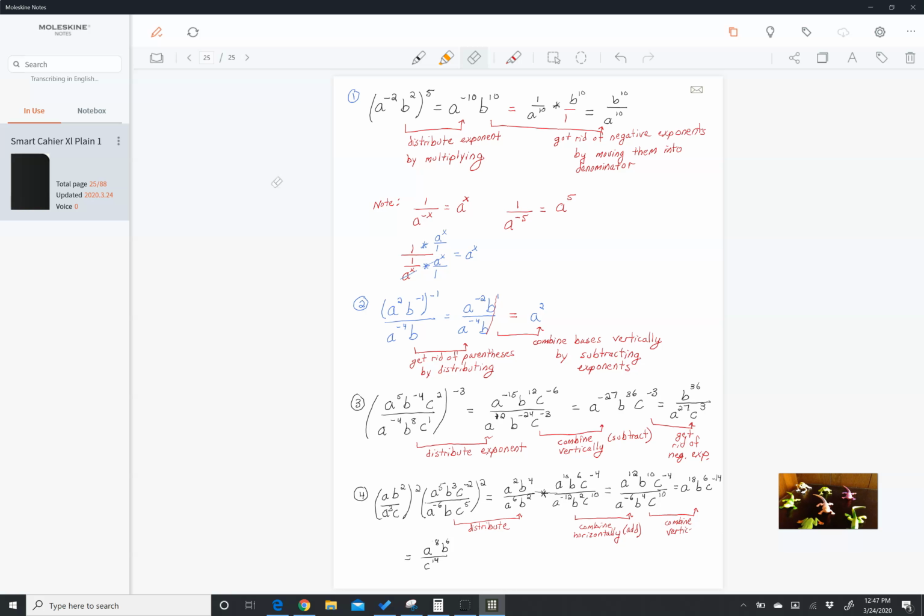This is our subtracting. And then we get rid of negative exponents. Okay, let's take 1 or 2 more.